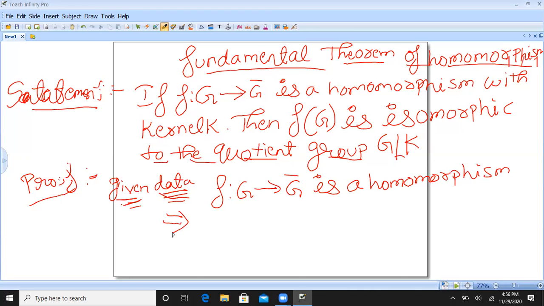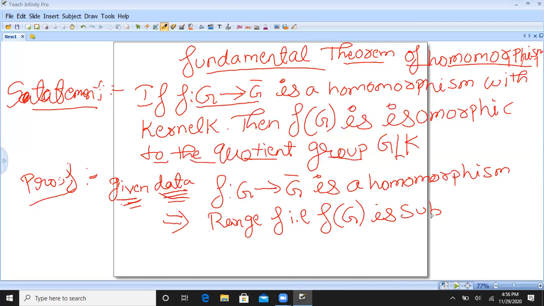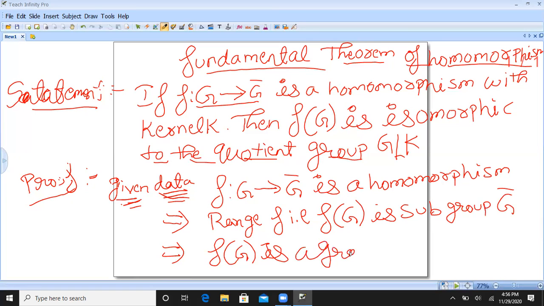The range f(G) is a subgroup of G bar. Next, f(G) is a group.